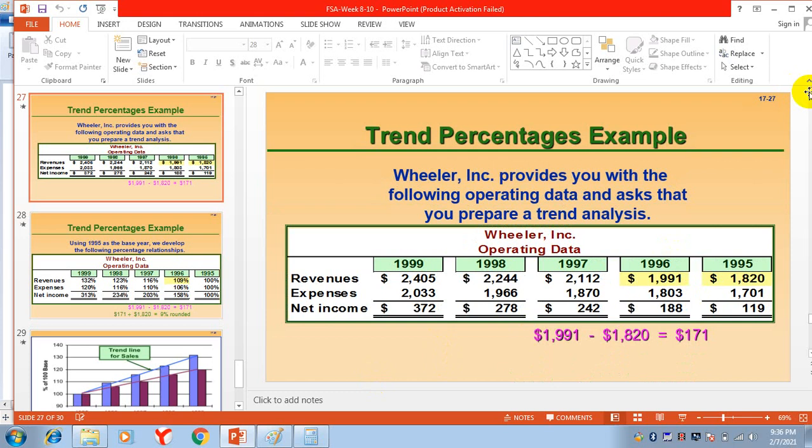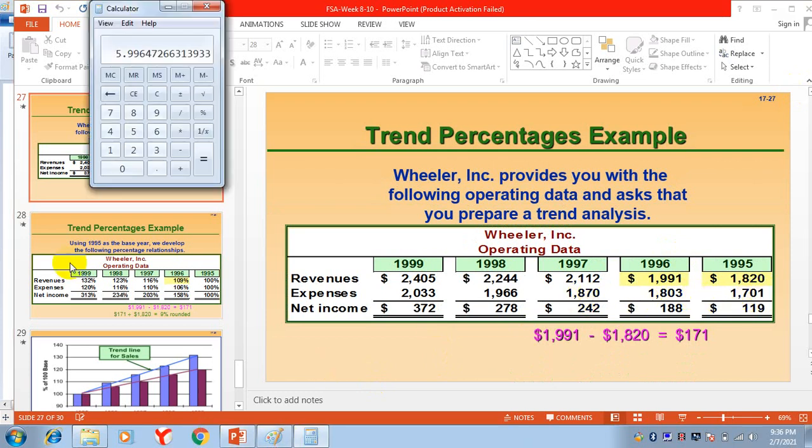Similarly, for next year, 1870 minus 1701, divided by base year 1701 and multiplied by 100.